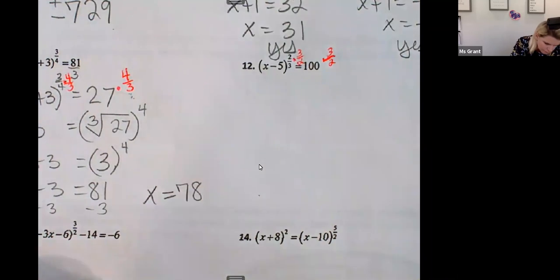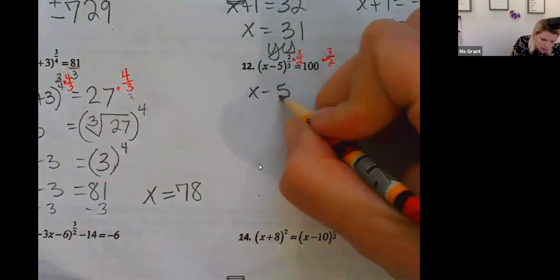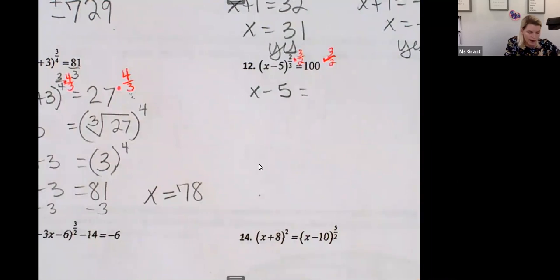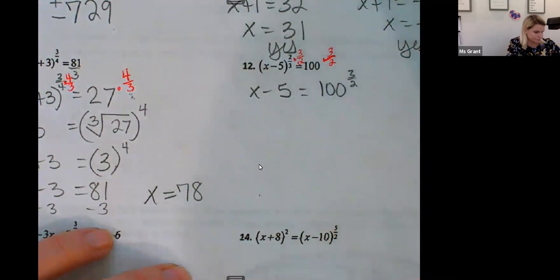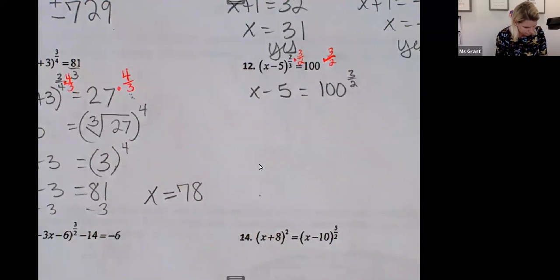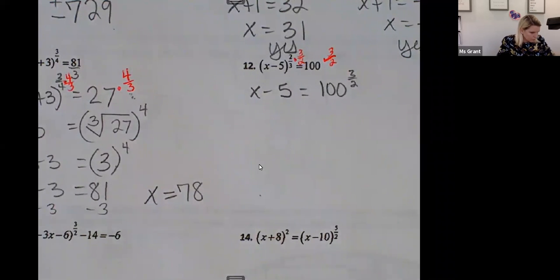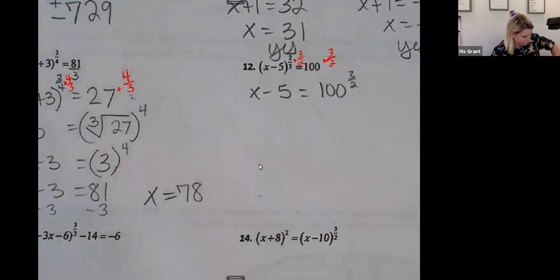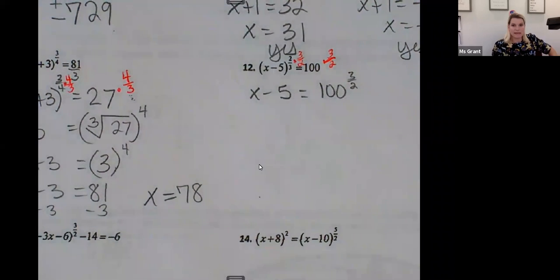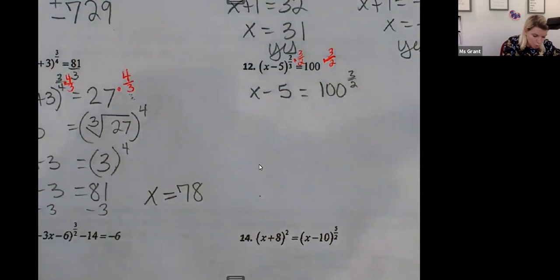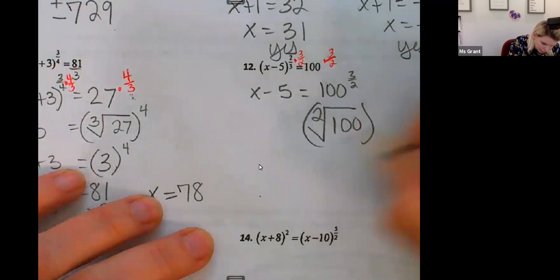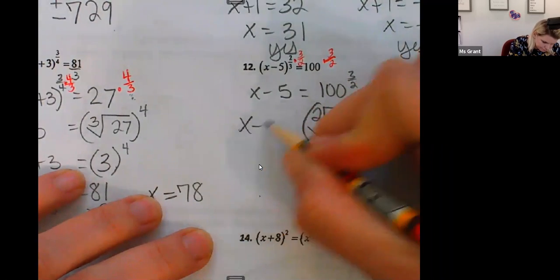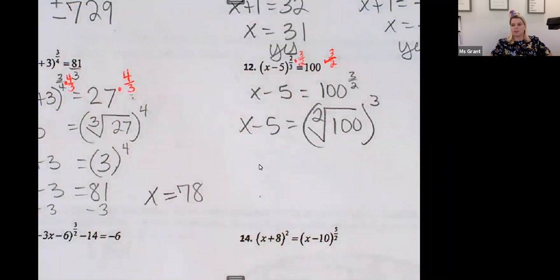So x minus 5 is alone on the left side. 100 to the 3/2. So it's the square root of 100 to the 3rd.